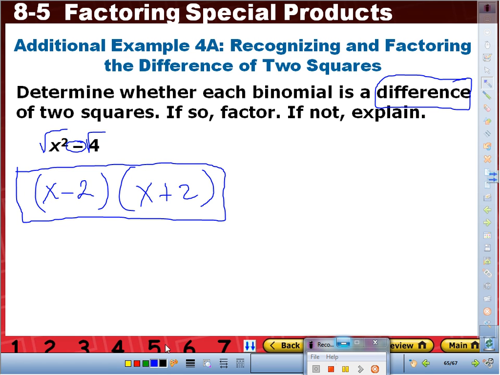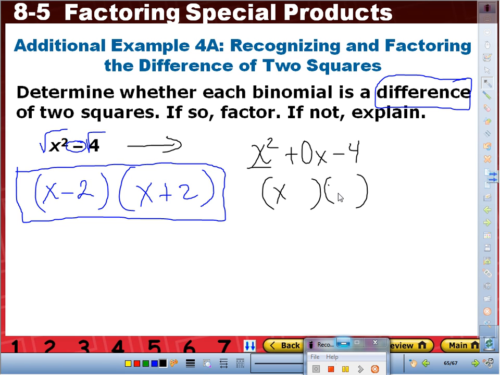Everybody look up. Hold on. Watch. If I was to rewrite this as a trinomial, x squared, what's missing in the middle term? An x, right? So I would write 0x. And what's my last term? Minus 4. So therefore, first term is x times x. Middle term goes here, 0.